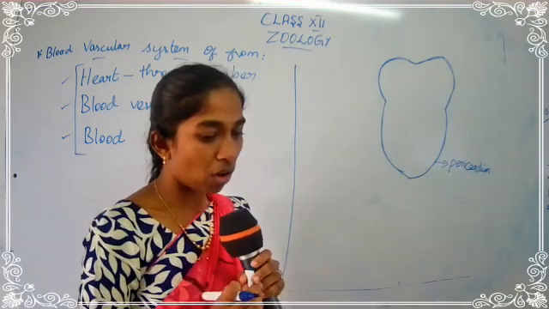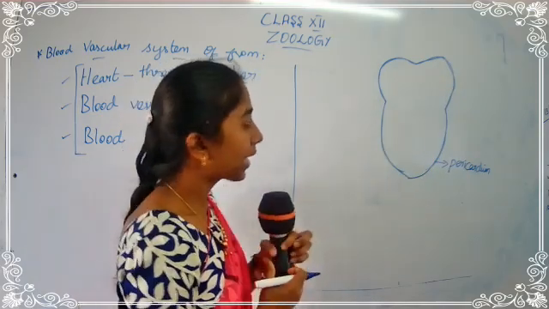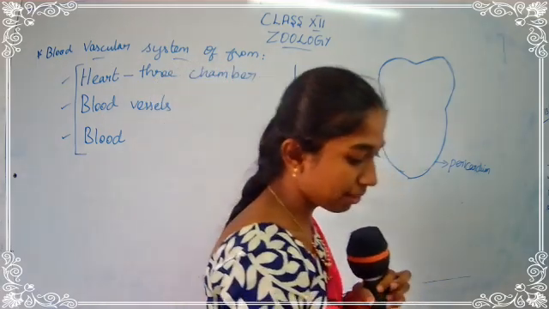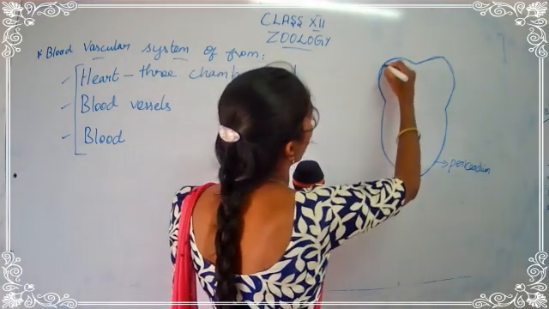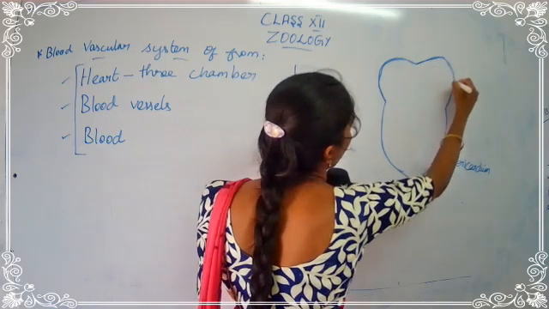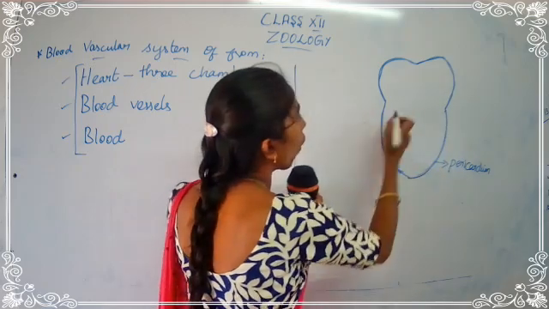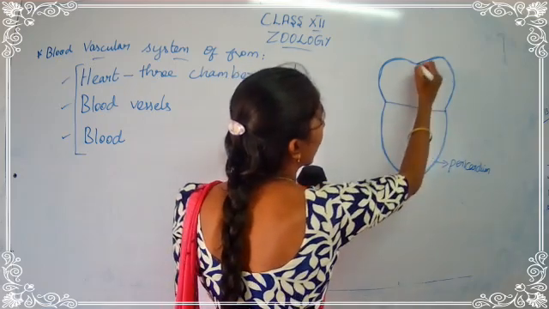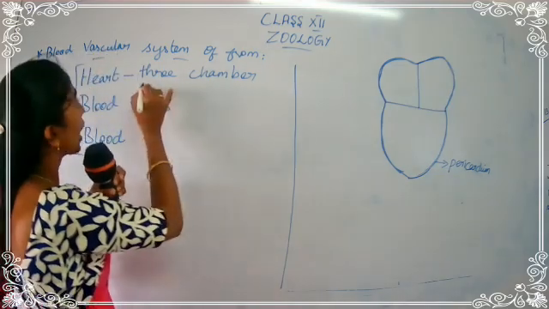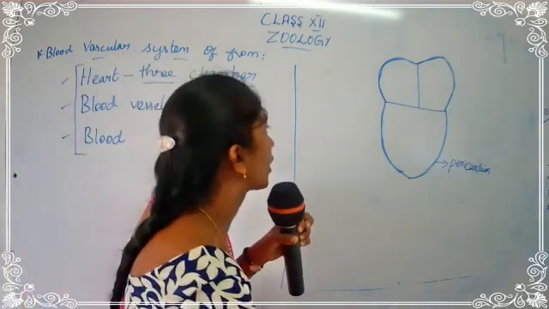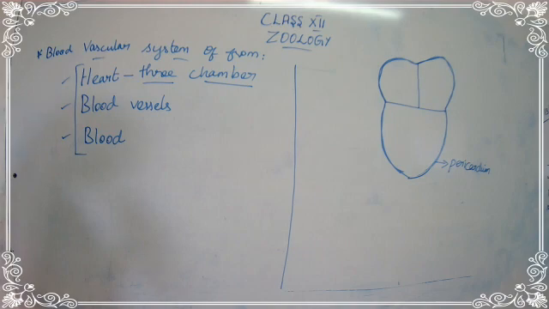Okay, the heart wall is called a pericardium, and again the anterior portion of the heart, and it is a posterior part of the heart. It is a triangle portion. Okay, so the heart is divided into three chambers. That is the three chambers of a heart. So the first one is the anterior chamber and the posterior chamber.